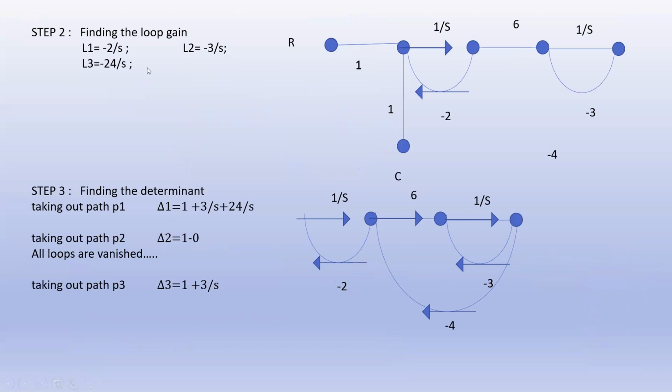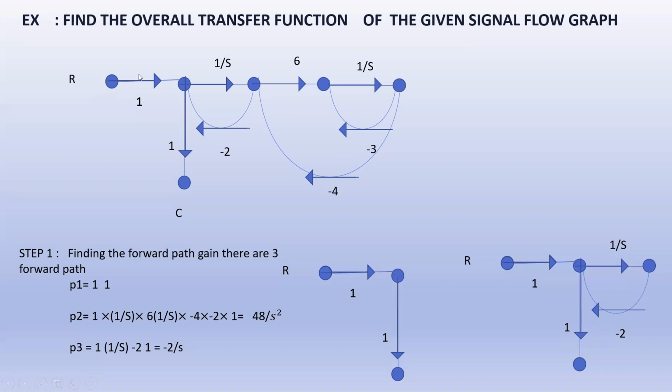We have already found the loop gains, and now we have to find the isolated determinants. If we isolate this path one, this path one is this one. If we take out this node, this node and this node, we have these three nodes left.